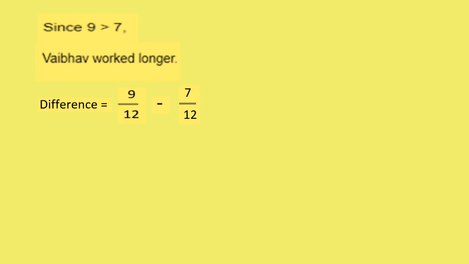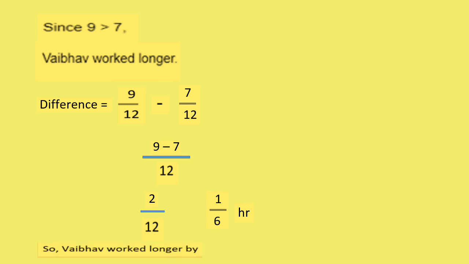The denominators are the same, so I am going to write it one time only. 9 minus 7 over 12, so the answer is 2/12. After reducing it, I got 1/6 hour. So finally, Vaibhav worked longer by 1/6 hour. So this is the answer.